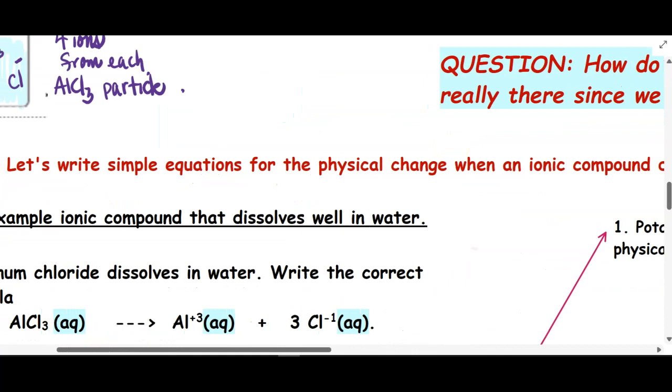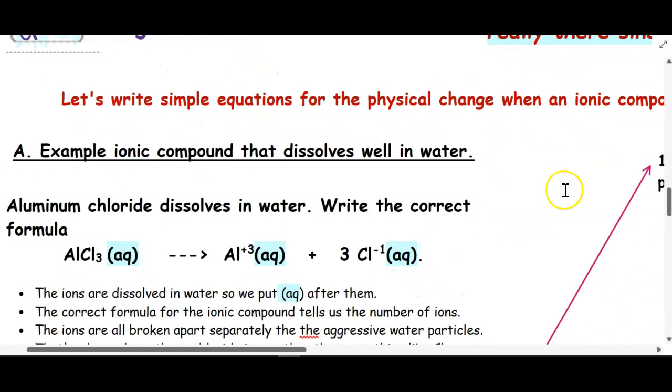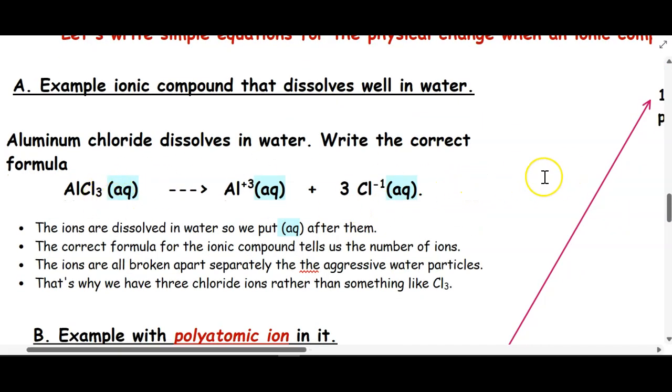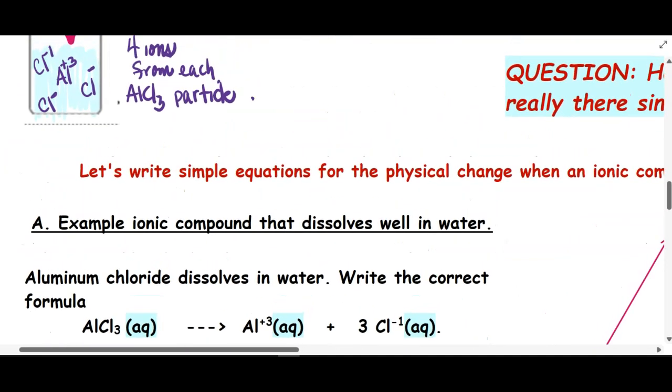So let's write some simple equations for the physical change that occurs when an ionic compound dissolves. So here's an example. I picked on aluminum chloride again since we already did it. So AlCl3, when it's dissolved in water, we put (aq) after it. But what really happens in the beaker is this.